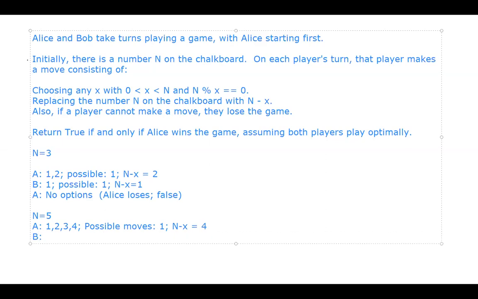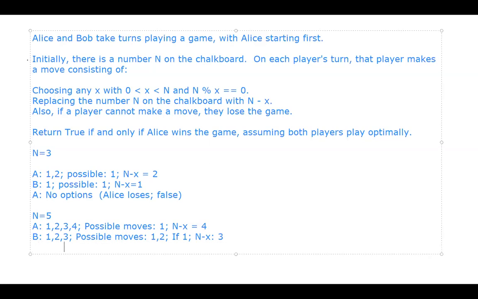Now for Bob, the options are 1, 2, and 3, and the possible moves are 1 or 2. That's where it gets interesting. It will eventually wrap around the same idea that Ronak proposed. So what are my options? If I play 1, then I'm passing 3 to Alice.